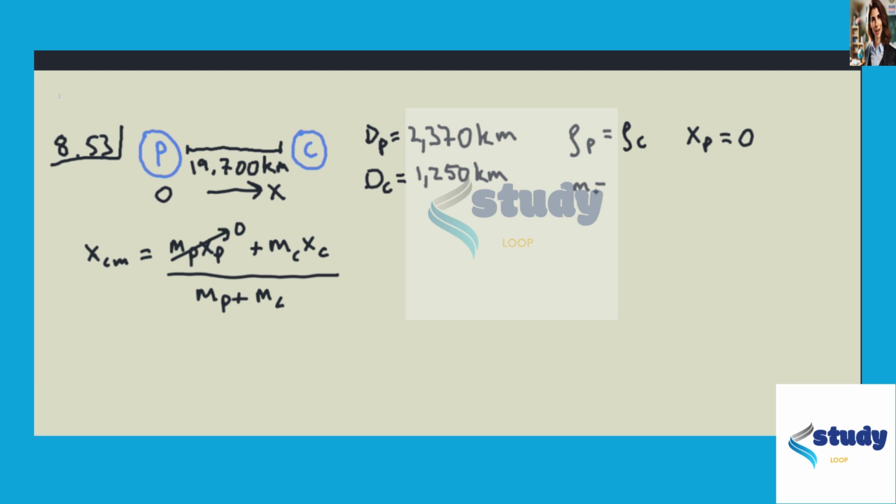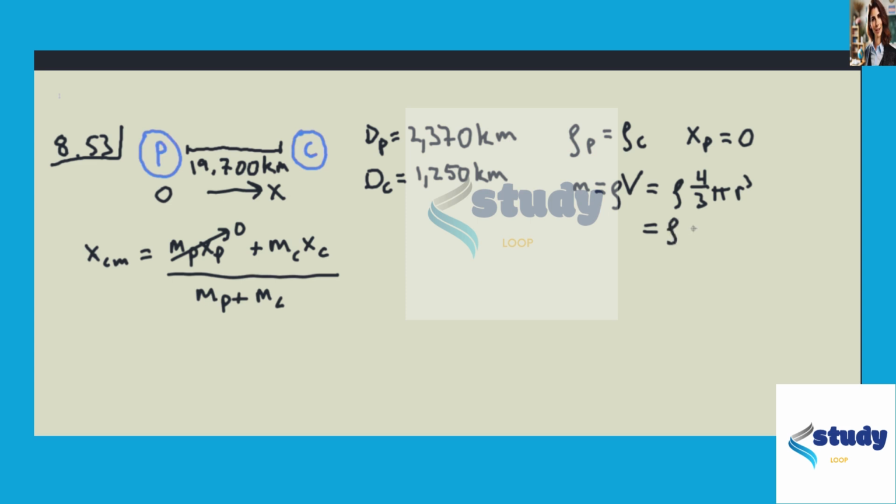As we know, the mass of an object is equal to its density times its volume. And assuming that they're little spheres, this is rho times 4/3 pi r cubed, but we're given the diameters so we might as well just work with those.